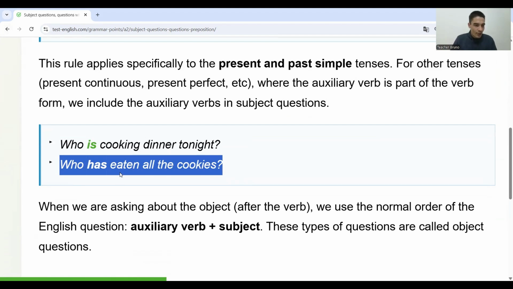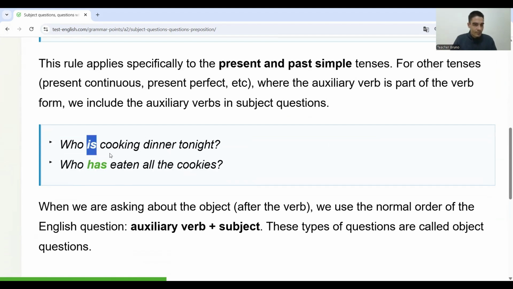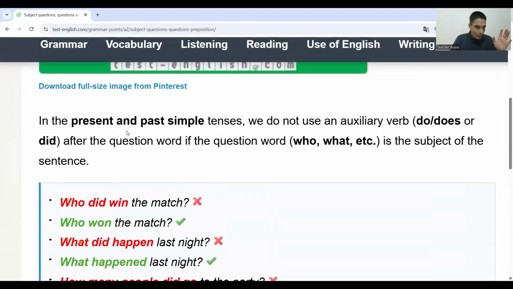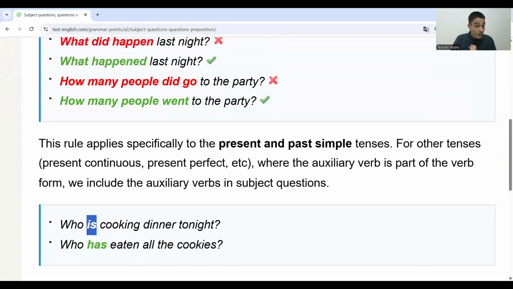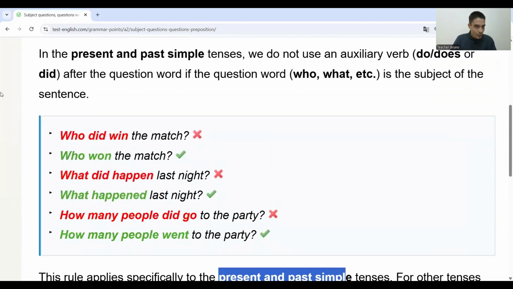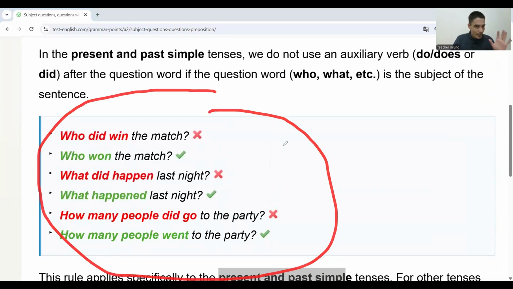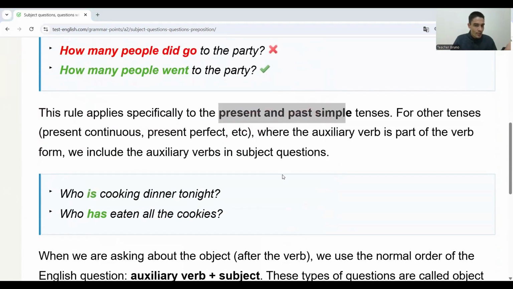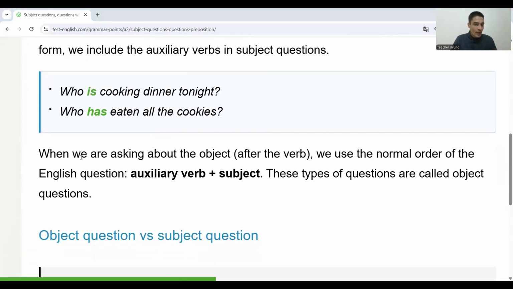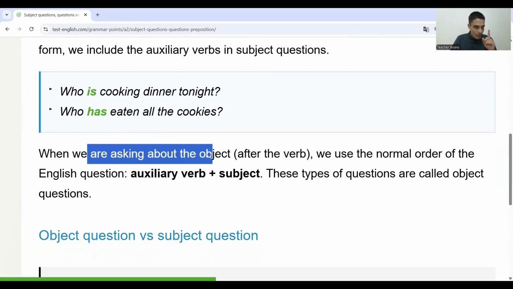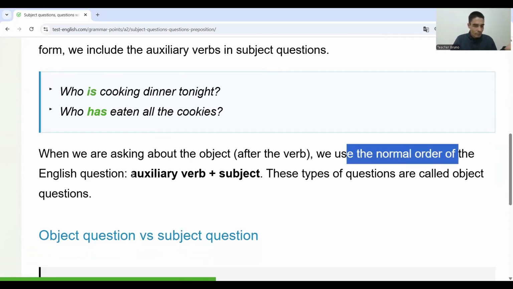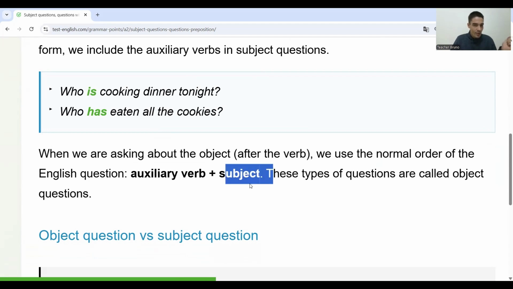So the auxiliaries are here. That rule we covered before specifically applies to present and past. Continuous tenses, perfect tenses, a little different. When we are asking about the object, we use normal order: auxiliary, subject.